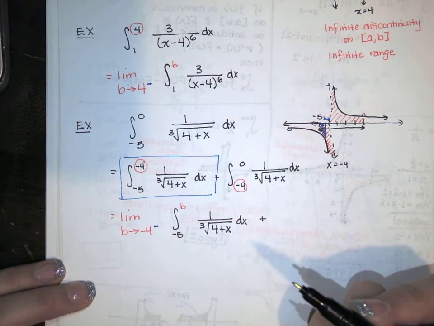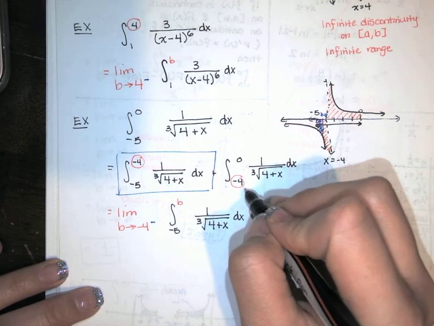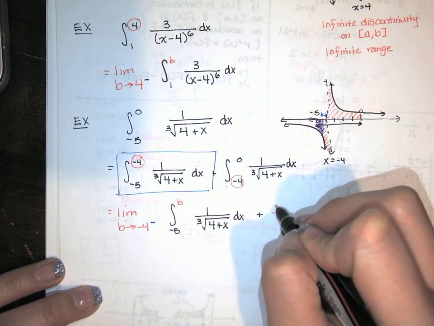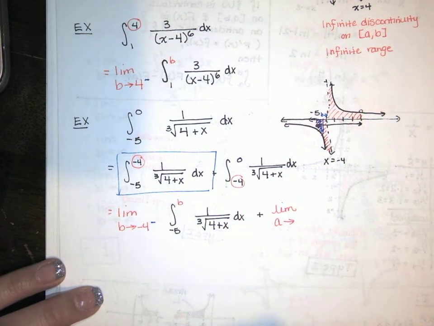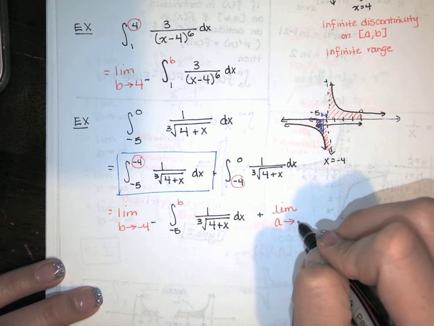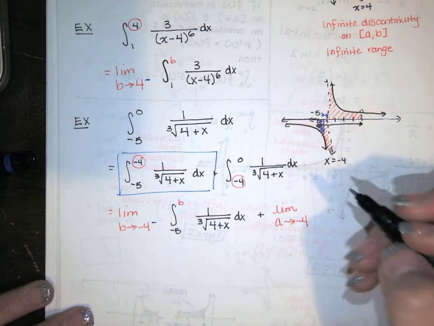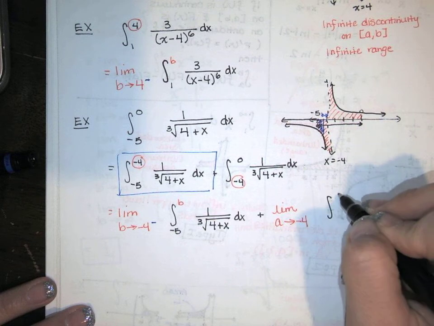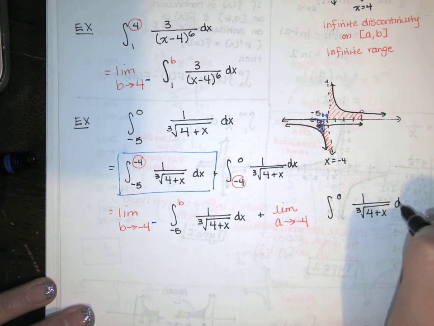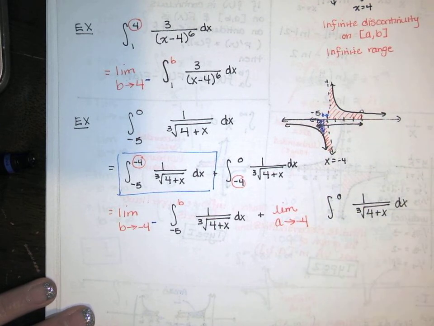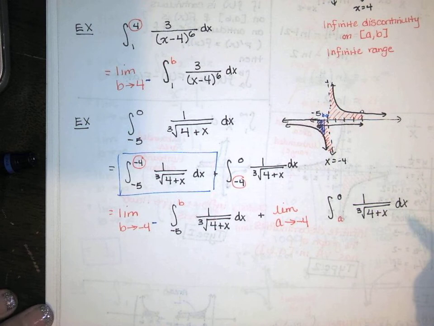That's that right there. Now the second one, the problem occurs at the lower limit. So I'm just going to use a for the lower limit because that's what I do. Use a for the lower limit and b for the upper limit. I let a approach -4. Write everything else exactly the same. Now this, once I put the a there, is an integral that the fundamental theorem of calculus applies to.